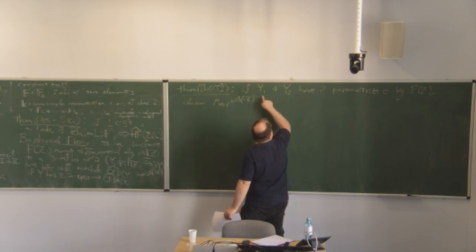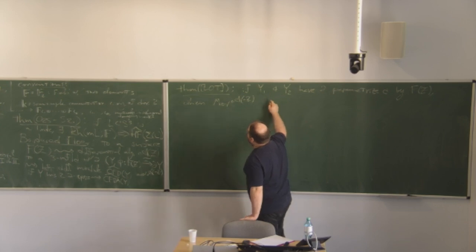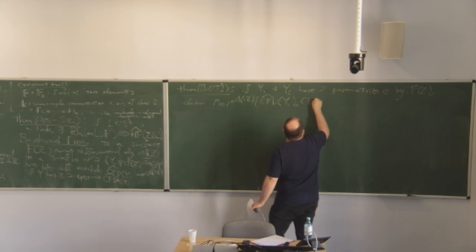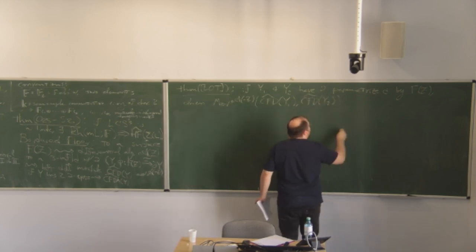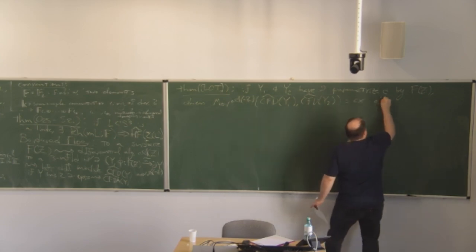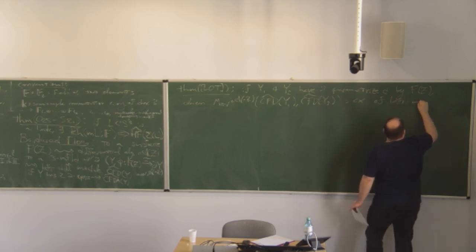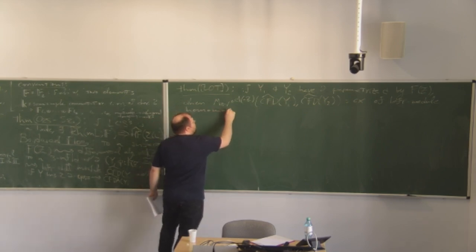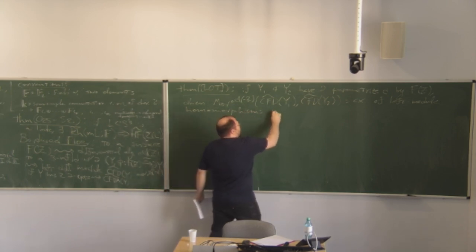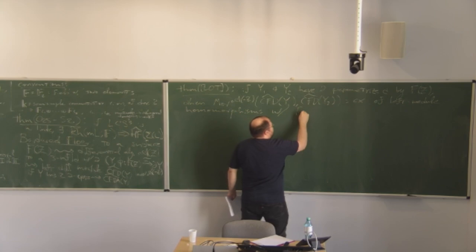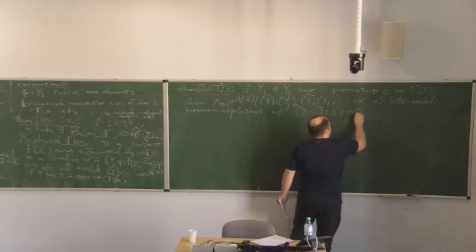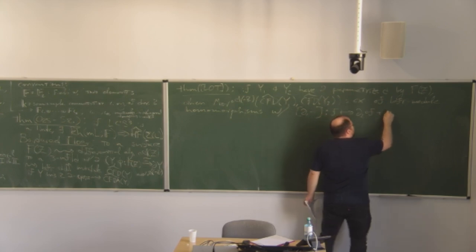So if Y1 and Y2 have the same surface parameterizing their boundary, then the complex Mor from CFD-hat of Y1 to CFD-hat of Y2, which is the complex of left module homomorphisms with the usual commutator differential, which sends a homomorphism f to del 2 composed with f plus f composed with del 1.